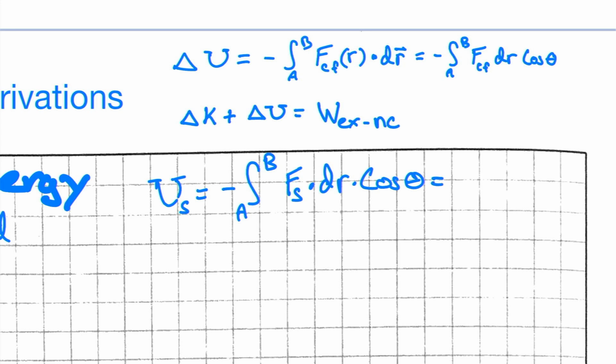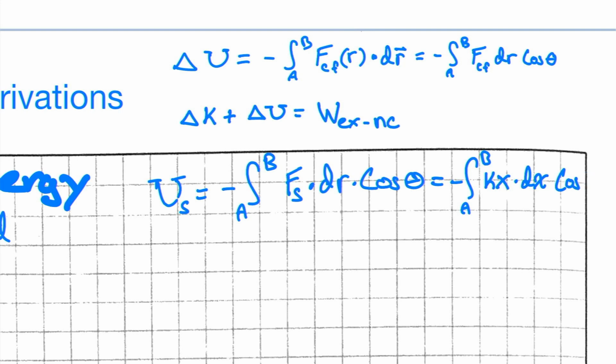The force of the spring is in magnitude kx, where x is the amount that it stretches from equilibrium. I'm going to multiply that by dx, and then we have cosine of 180.